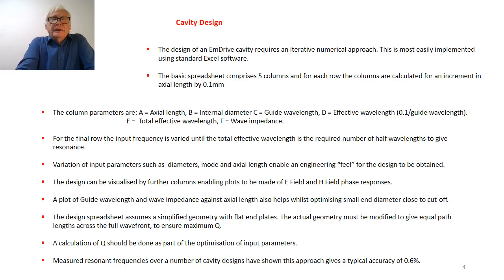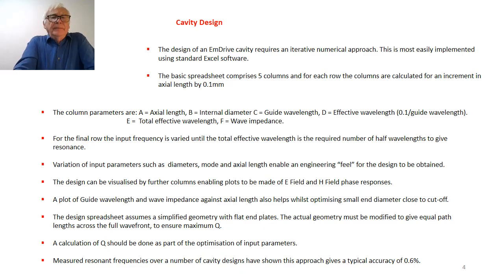A pretty straightforward design process, actually, but once you've done this, it enables you to vary input parameters such as diameters, mode, and axial length, which gives you an engineering feel for the design that you're carrying out.